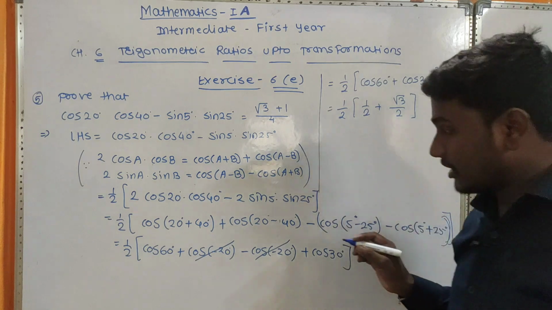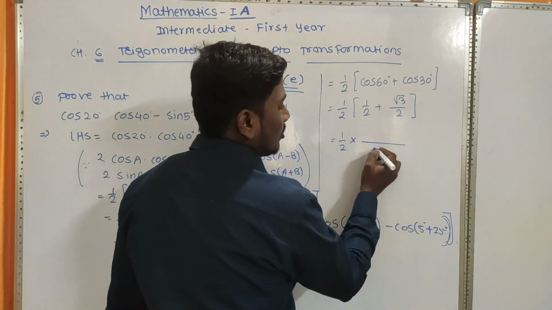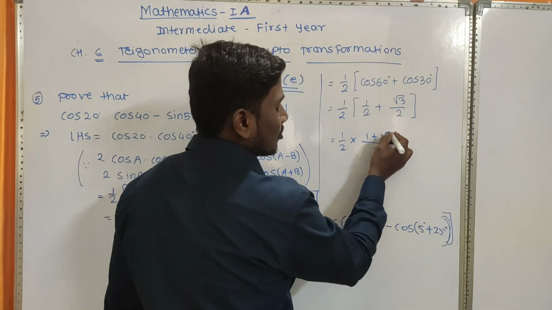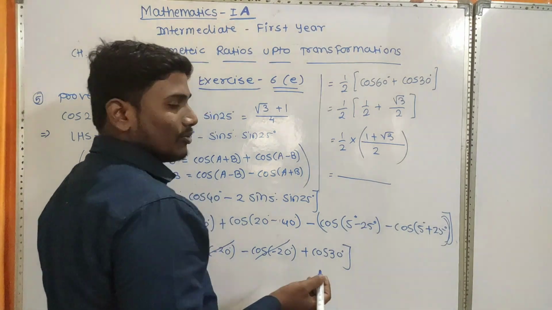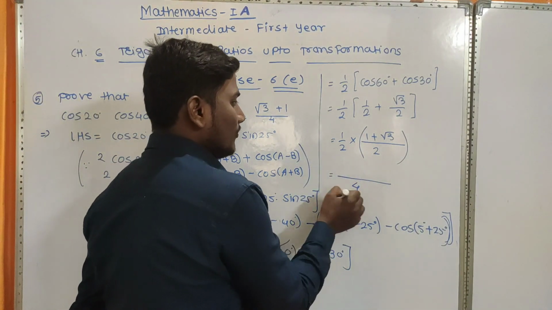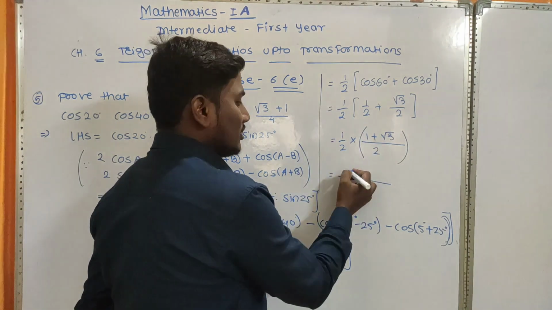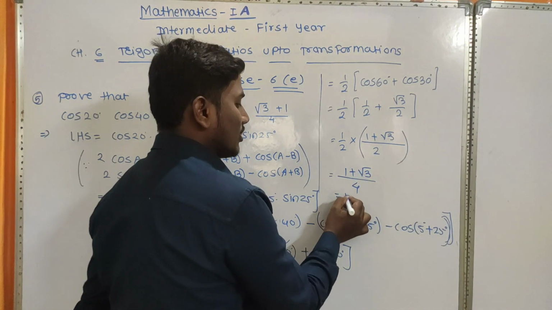So here the base is the same. So 1 by 2 into (1 plus root 3) by 2. Is it clear? Now numerator into numerator and denominator into denominator. 2 into 2, 4. 1 into this means 1 plus root 3. So this is the RHS.